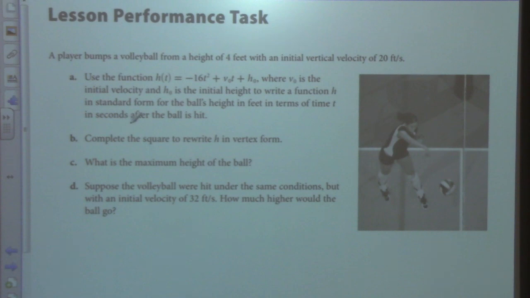That function is h of t equals negative 16 t squared, and what goes next in standard form? 20, right? Plus 4.